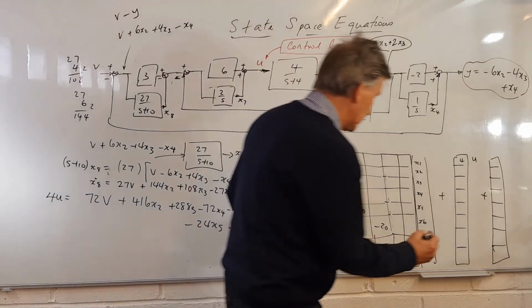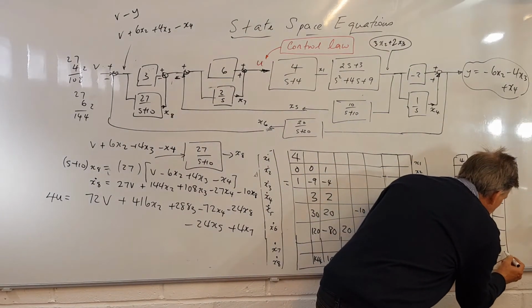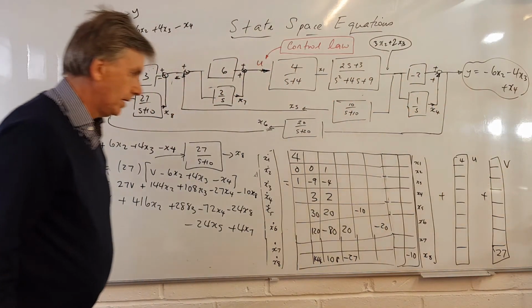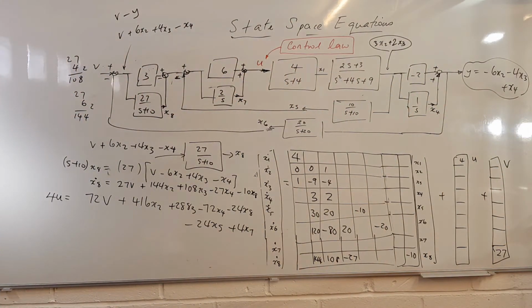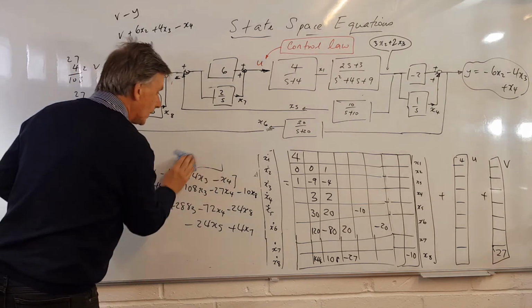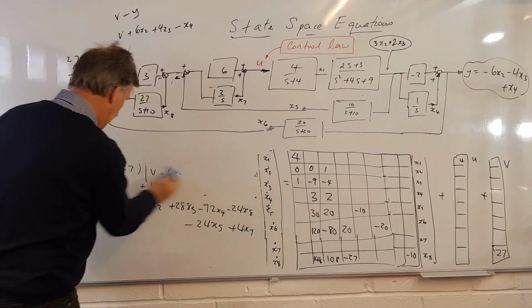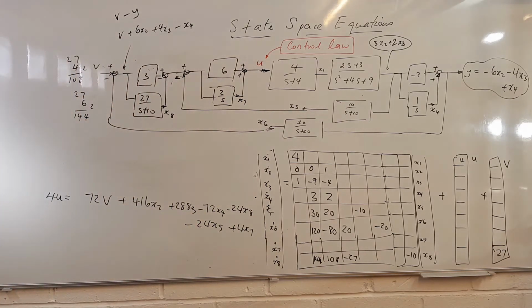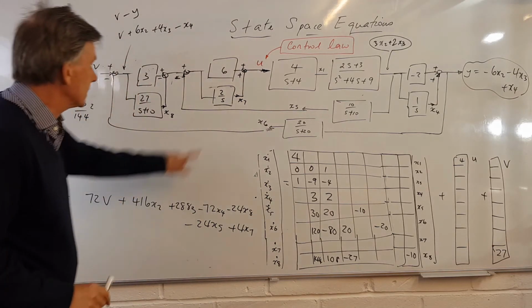So it's going to be a 27 down there, that's a 27 multiplied by v. So there's our state space equation for x8, and then we need to do the last one, which is x7. So x7 is this one here.